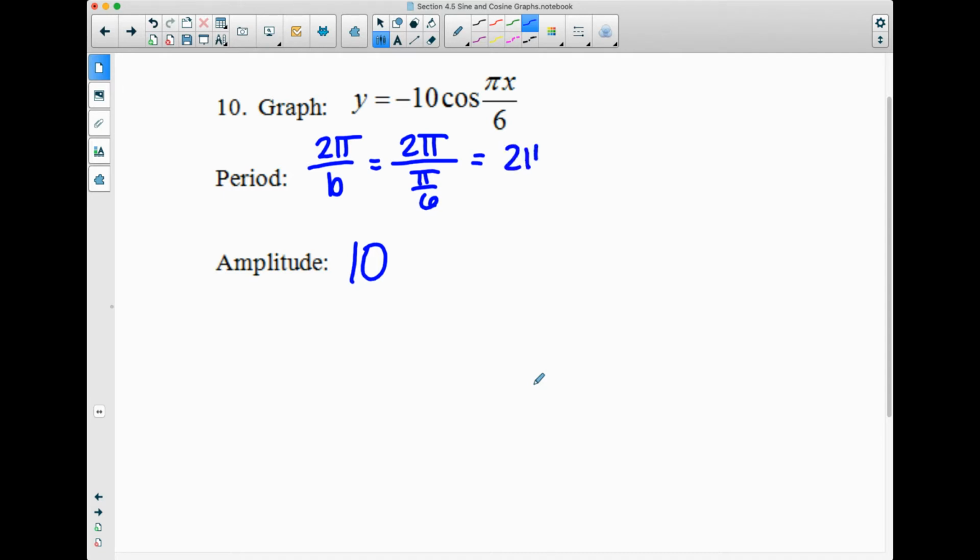So 2 pi times 6 over pi gets me the number 12.